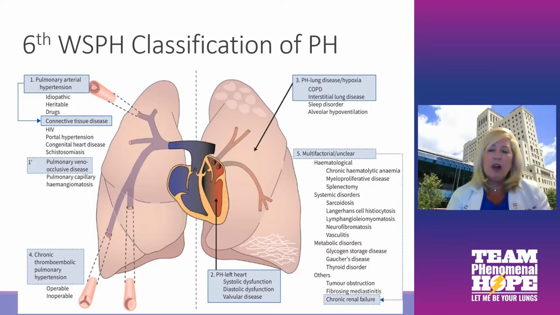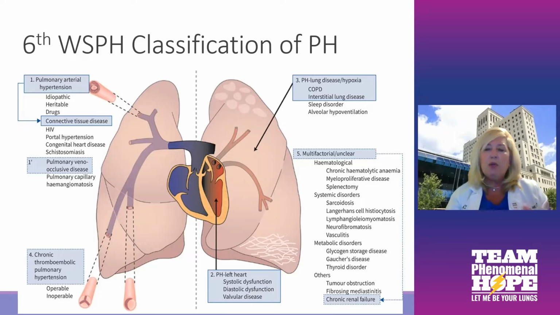And then what we're going to talk about mainly this evening is group 4 on the bottom left. And you can see at the bottom left, chronic thromboembolic pulmonary hypertension. And we group those into operable or inoperable. Again, Dr. King will talk a little bit more about the candidacy for operable chronic thromboembolic pulmonary hypertension.